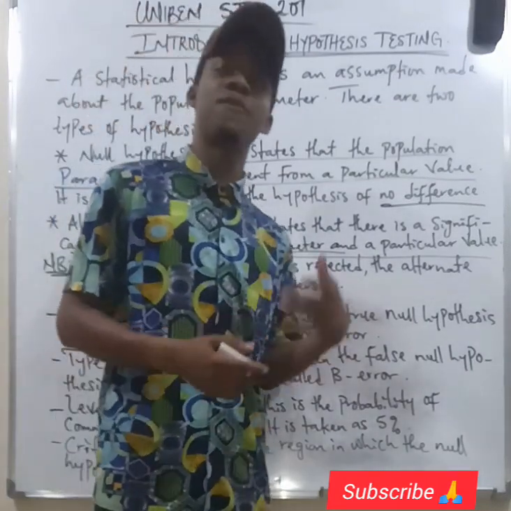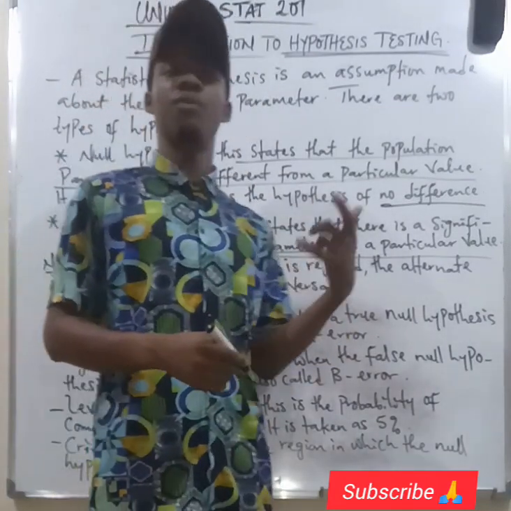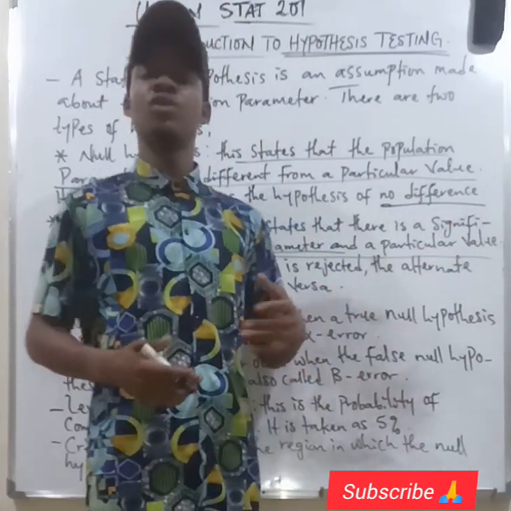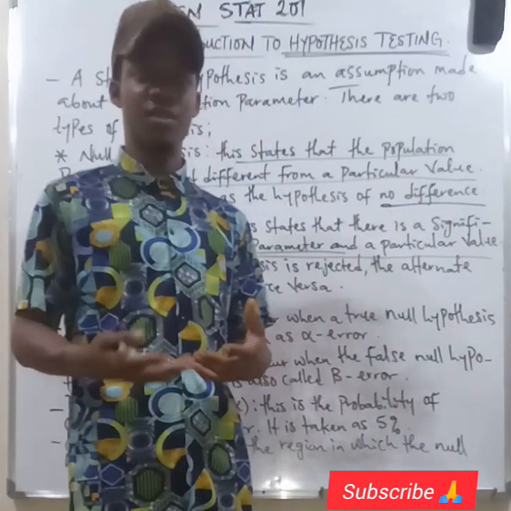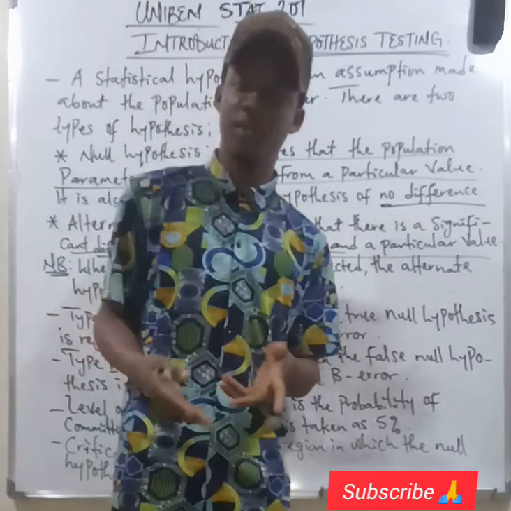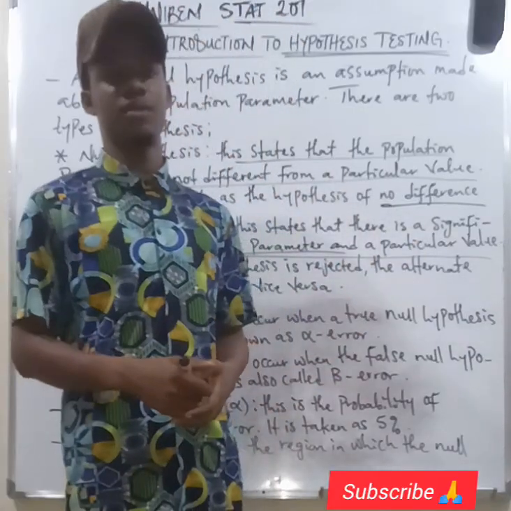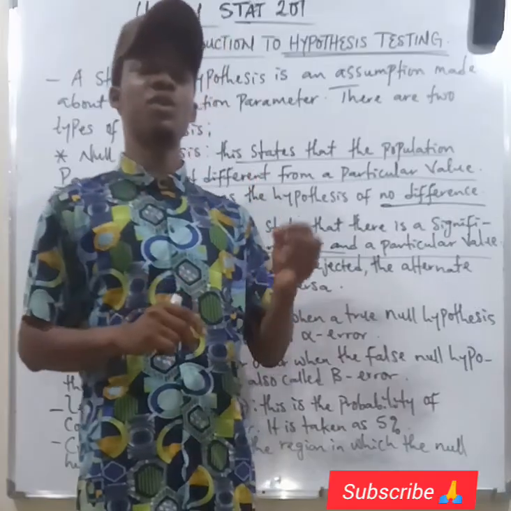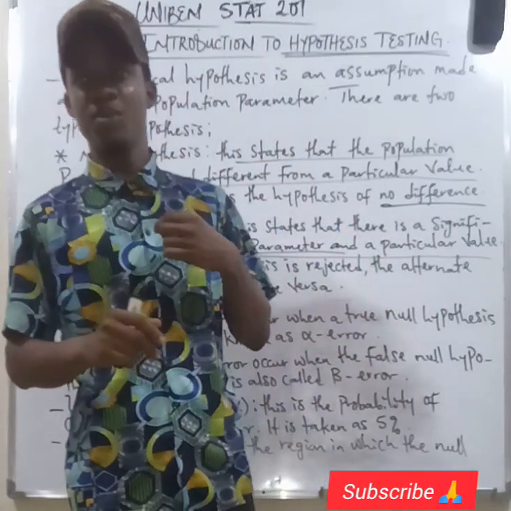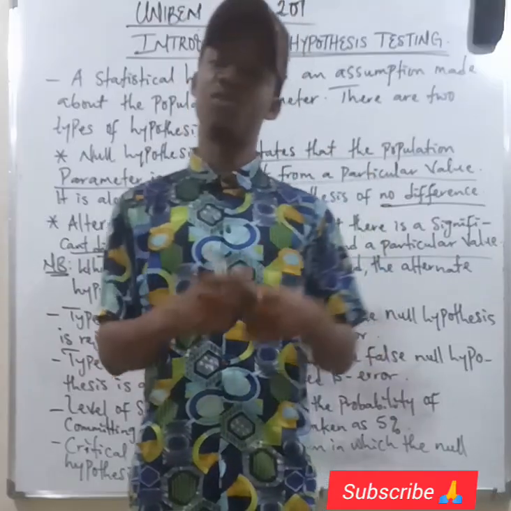Like, if I failed to refuse money from somebody, it means I collected the money. So when you fail to reject, it means you accept, and when you fail to accept, it means you reject.